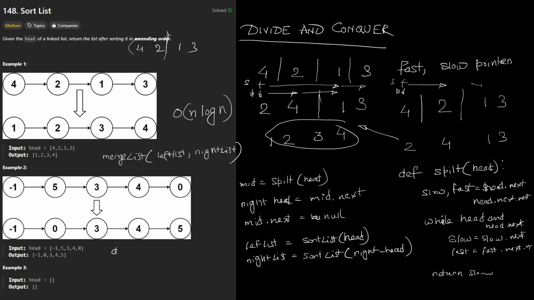If I say def merge list left and right, so here I can say while left and right exist, then I can compare the value. If left dot val is less than right dot value, in that case, here I have to create a fresh list.